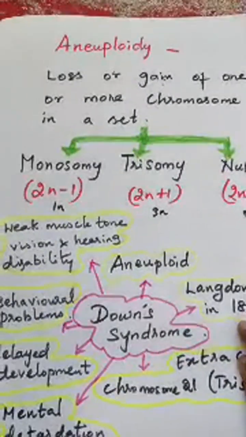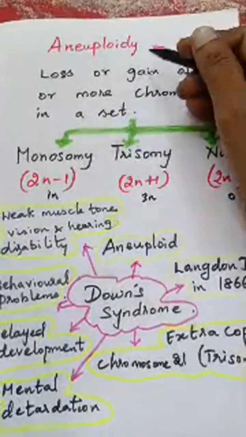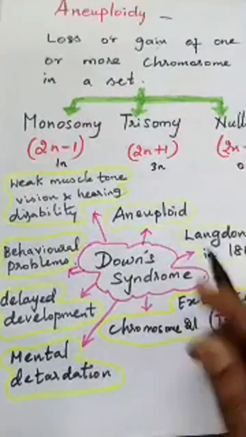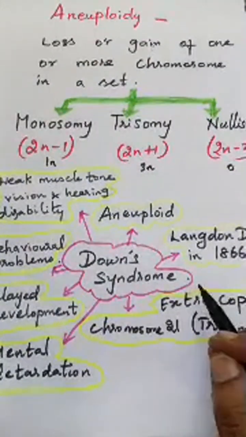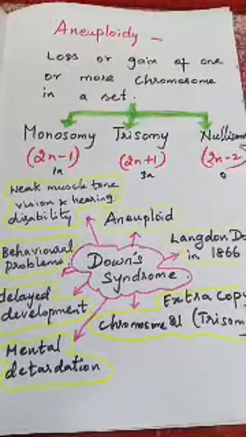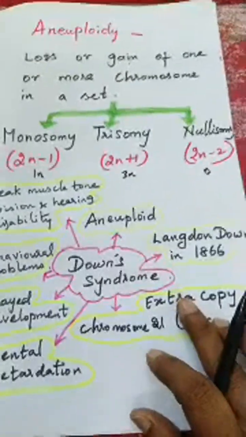Clear? And the next is, aneuploidy is found in many disease conditions. For example, I have given you Down syndrome. This Down syndrome is mainly due to the number of chromosomes in a set.